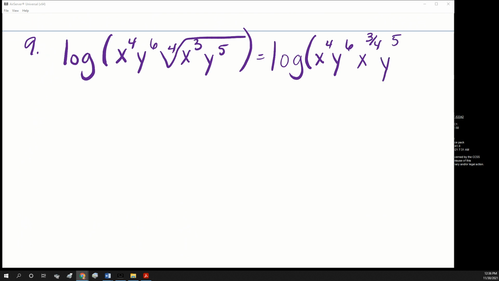That's going to be y to the 5/4. Okay. So then for my x's, to multiply those, I'm going to add the exponents, and then the same thing for the y's. So I'm writing out a lot that you guys probably can do in your head, and that's fine.